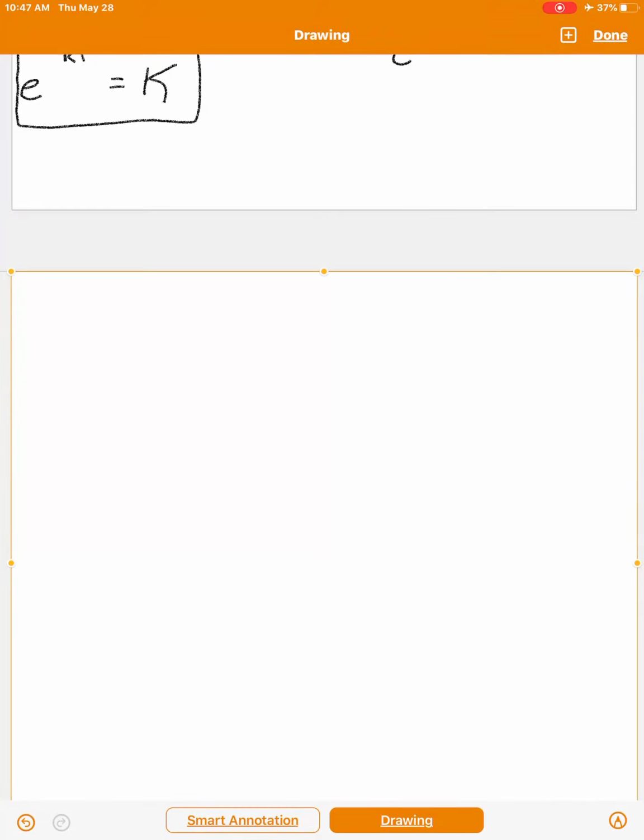Suppose that we have a reaction like N2 plus O2, and that's in equilibrium with 2NO. And we happen to know that Kp is 4.0 times 10 to the minus 31.